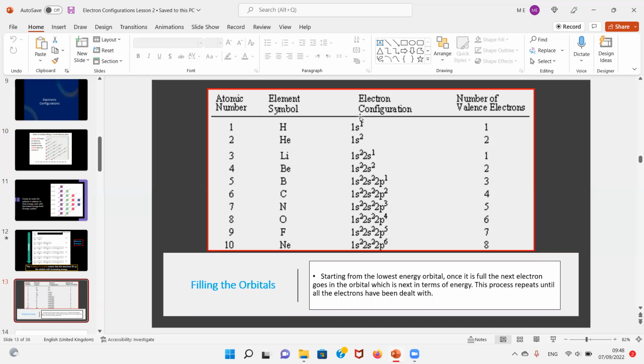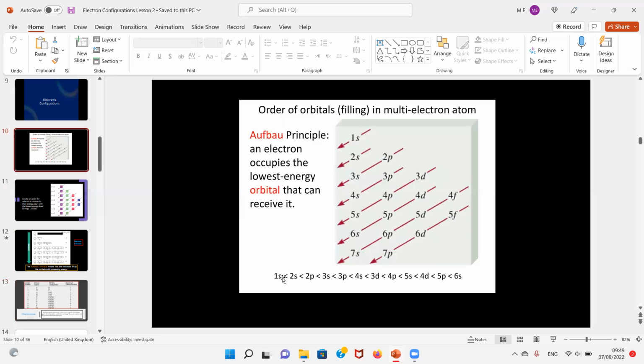So in case of hydrogen, we have 1 electron. So this electron will just occupy the 1s. In case of helium, we have 2 electrons. So these 2 electrons will occupy the 1s. In case of lithium, we have 3 electrons. So 2 electrons will go in here, and the remaining will go here. So basically 1s2, 2s1.